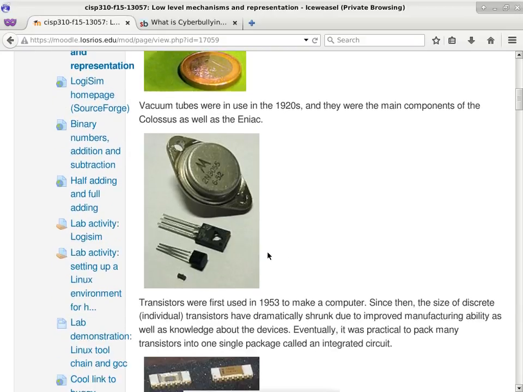Okay. So the next one that came along was transistors. Transistors were first used in 1953. So you can see the 1920s, and then the next one up is 1953. In 1953, we have the first computer that used transistors as its components.